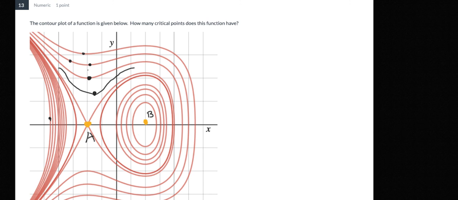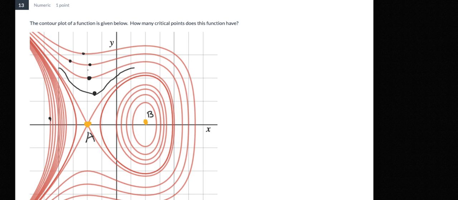Now, what makes point B different is that point B is its own level line. And also, if you look at a small neighborhood around this point B, you will find a whole bunch of level lines completely enclosed inside that small neighborhood, and they keep shrinking.